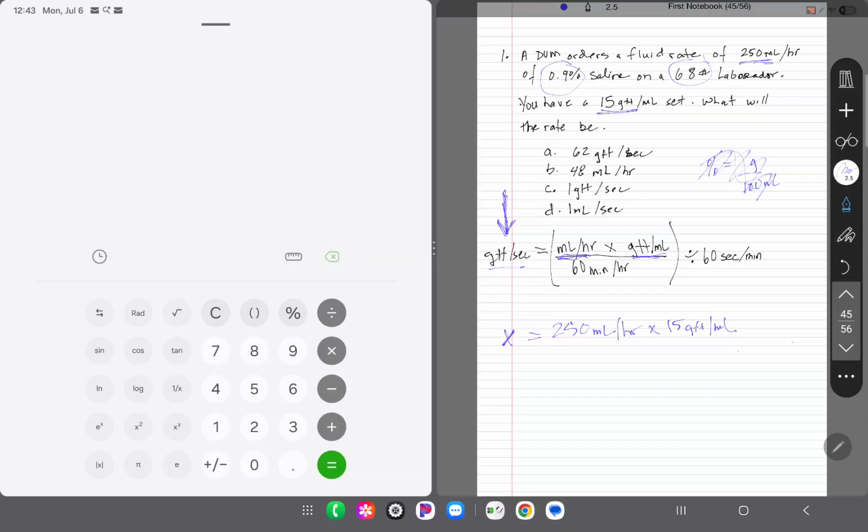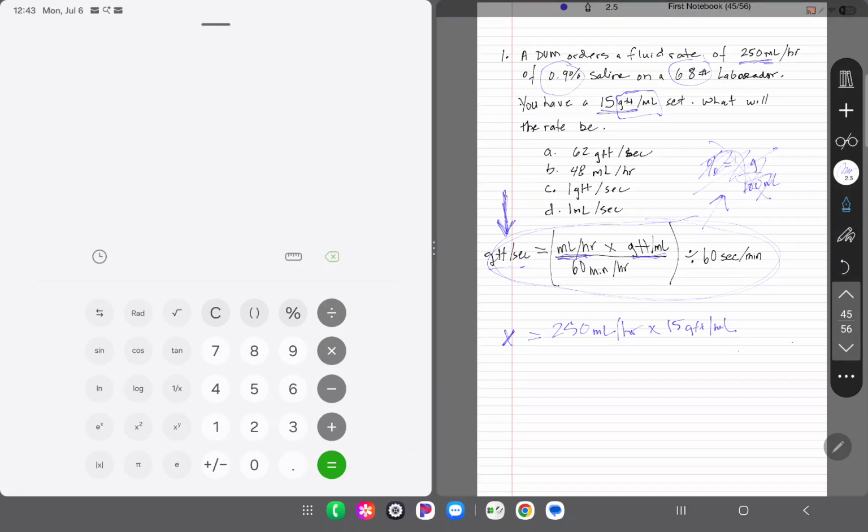Not in this equation. Because as soon as they say drips per mil as part of your equation, you know it is this equation. It is not that equation.